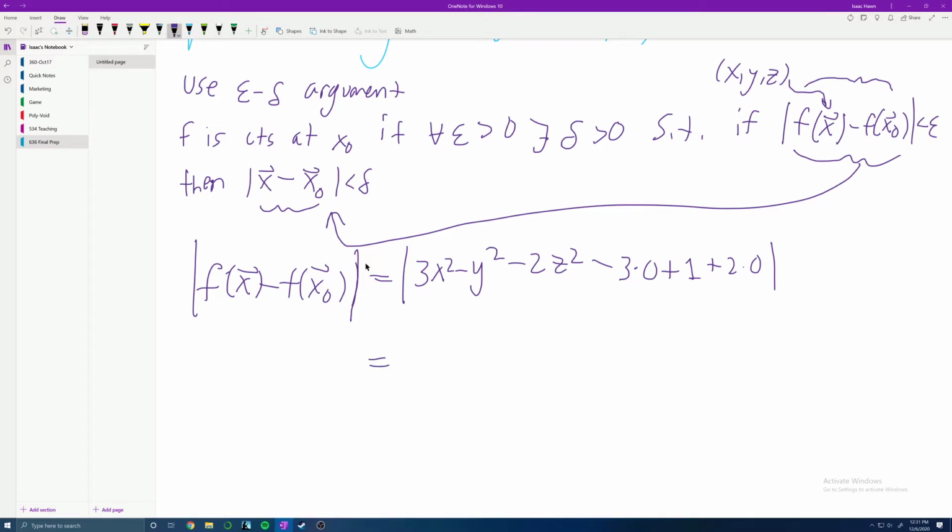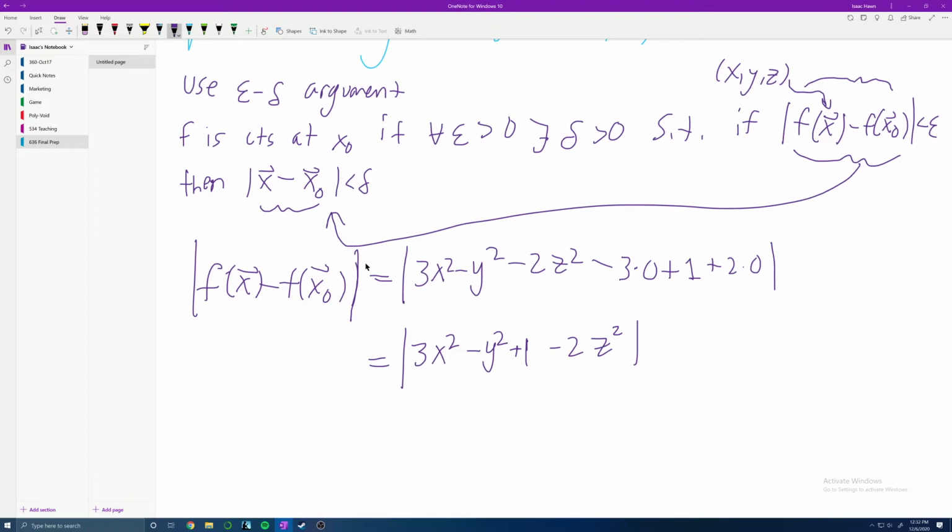We can group the 3x squared minus 3 times 0 together, and we just get 3x squared right here. And we're going to group the y and the 1 together, so we have minus y squared plus 1 right there. And then the 2z squared and the 0 are grouped together, so we have minus 2z squared plus 0. I'll just leave it like that.